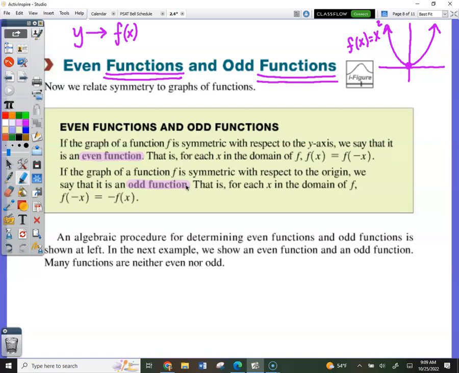If it's an even function, it means it is symmetric with respect to the y. If it's an odd function, it's symmetric with respect to the origin.